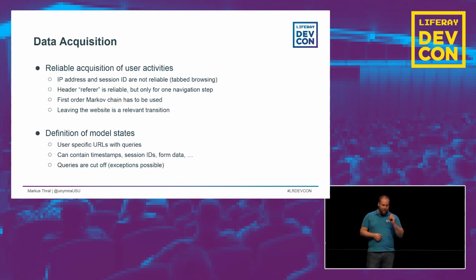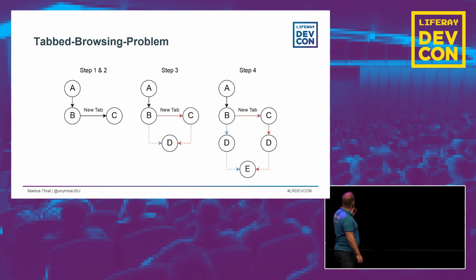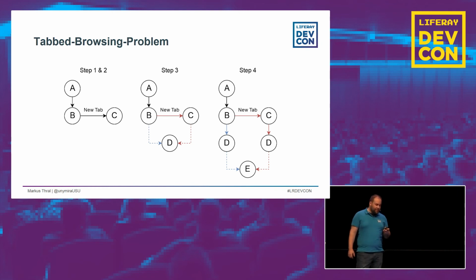I will show you a quick example why this is not correct. Let's say a user navigates from A to B and opens a new tab C. He's currently on two different pages, B and C. Okay, the next navigation step is D.